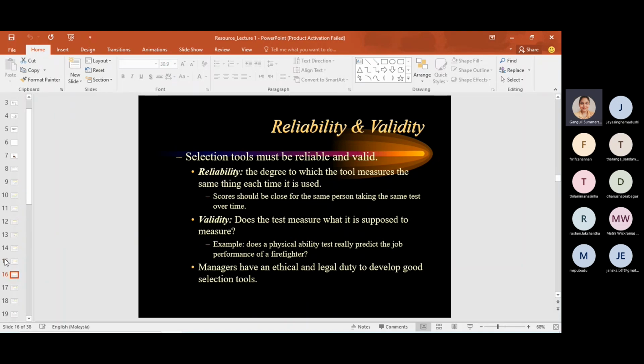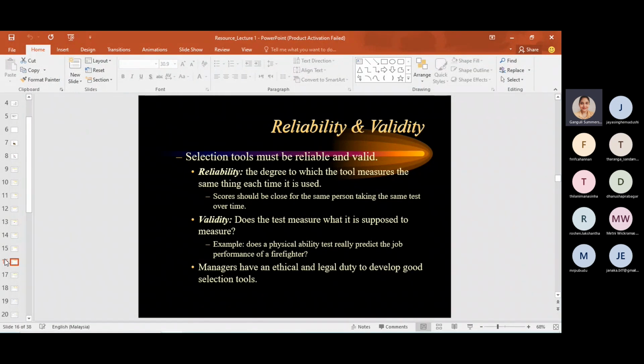Okay, so when it comes to these selection tools, they must be reliable and valid. Now what is reliability and what is validity? Reliability means the degree to which the tool measures the same thing each time it is used.